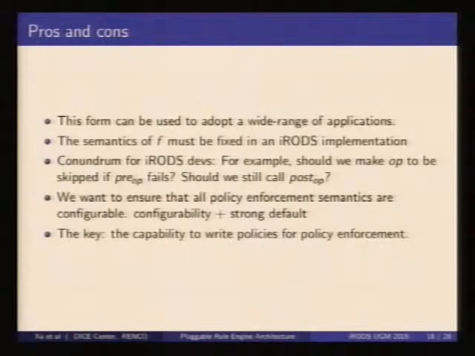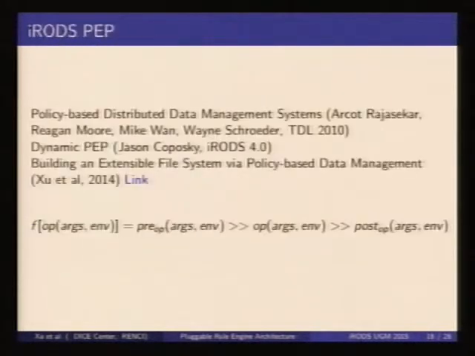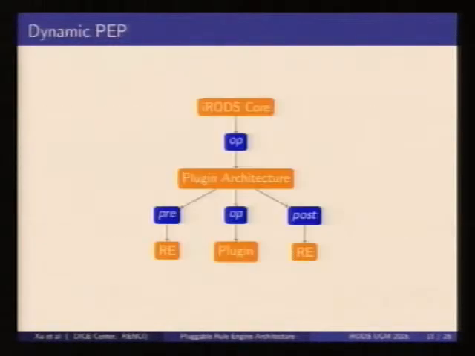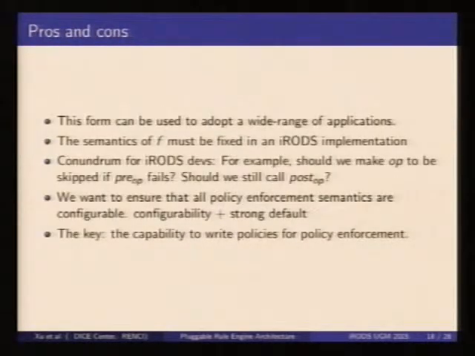However, there's one tiny problem, right? The semantics of F must be fixed in the iRODS implementation. What I mean is this formula is fixed because it's part of the plugin architecture rather than being part of the plugin. So the conundrum for the iRODS core devs becomes, how do we design this F to fit as many use cases as possible?